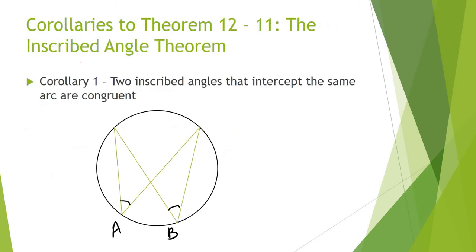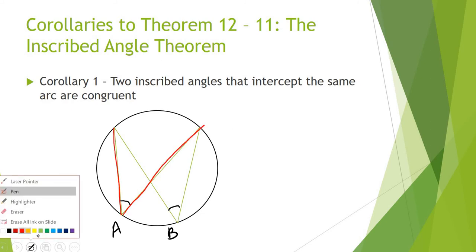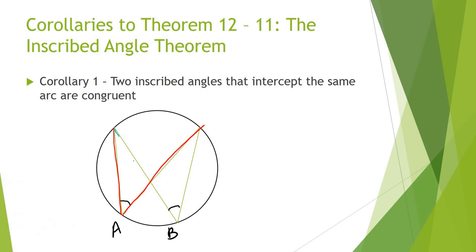Some other corollaries. Two inscribed angles that intercept the same arc are congruent. So angle A and angle B intercept the same arc. So A and B are congruent angles.